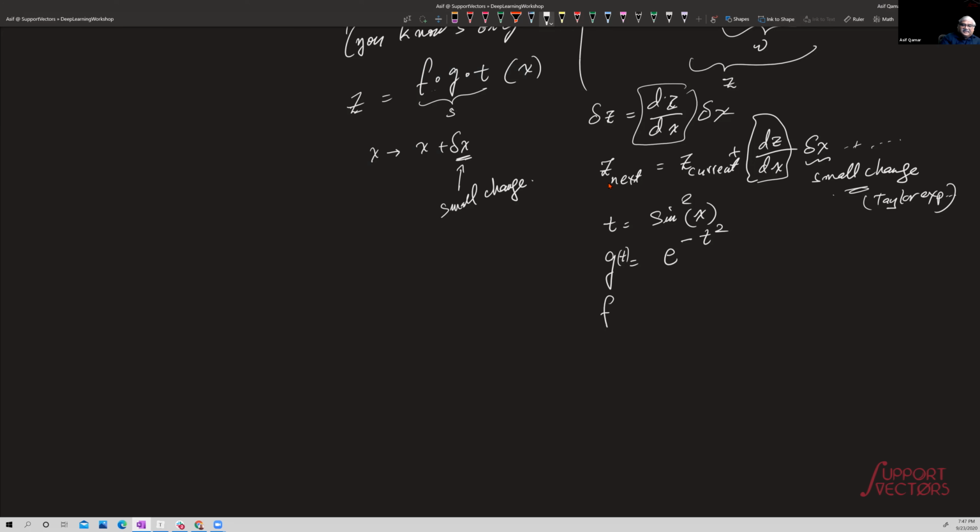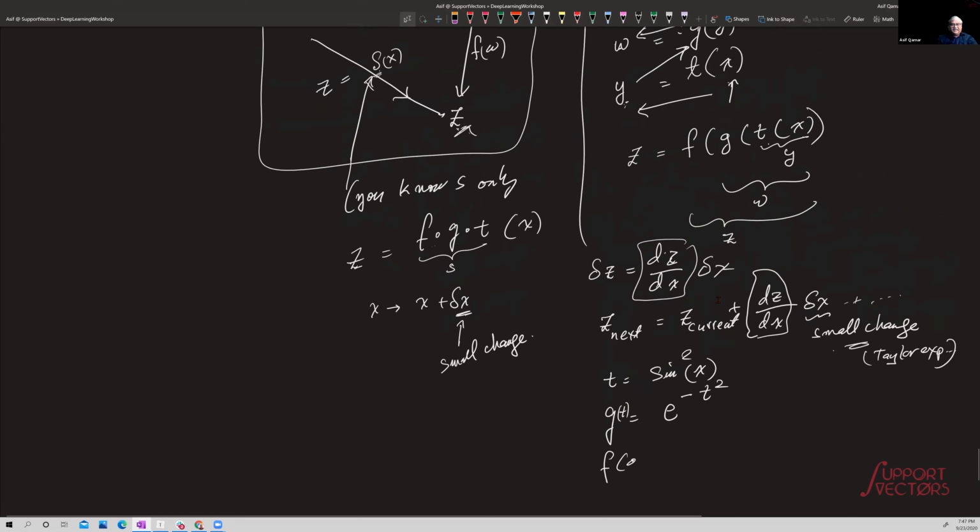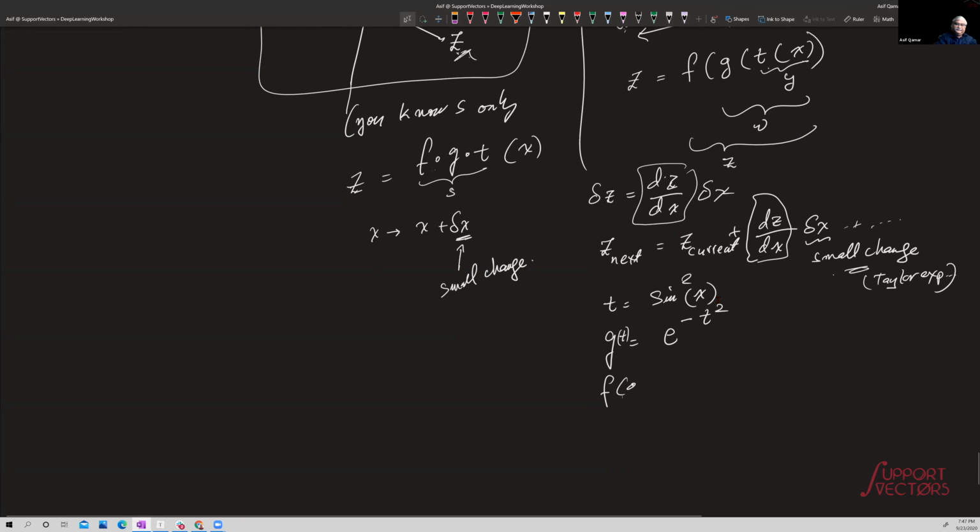And f is equal to f of g. t of x was y. So this f of g is basically equal to, let's write something even more complex here, let's say it is equal to g square.